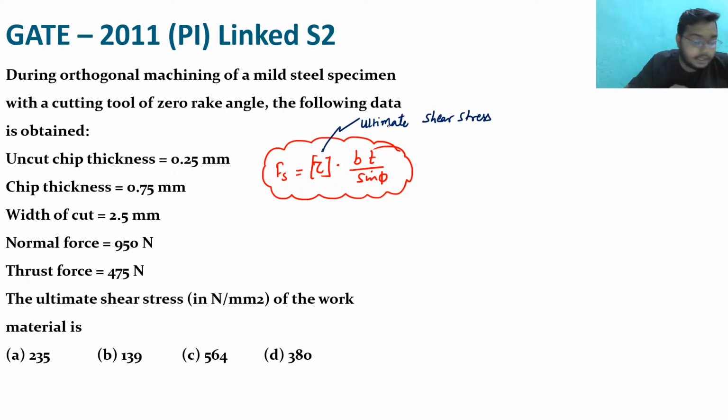We have option D from Shivam, okay? Correct, Shivam. Option D is correct. 380, yes, okay, correct.